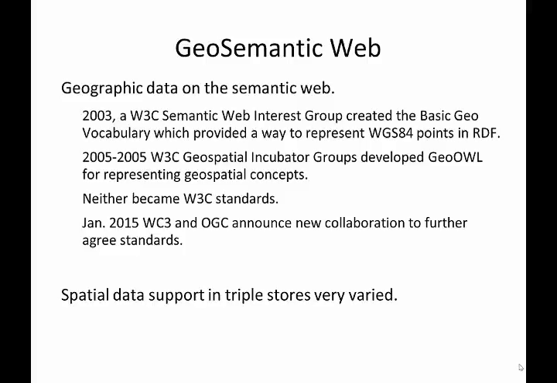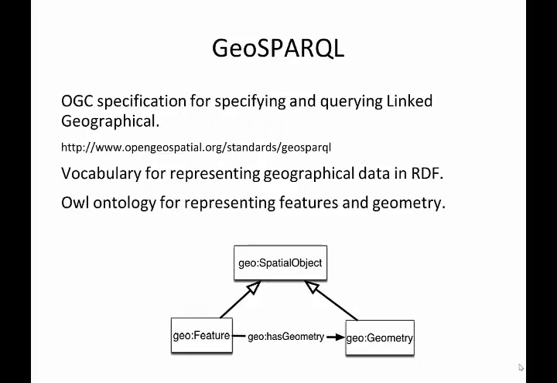And then in 2015, there was a sort of reboot between W3C and OGC to further agree standards. So what this basically means is that there is no agreed standard for spatial data in RDF, and that triple stores vary in how they support spatial data. It's usually pretty minimal.